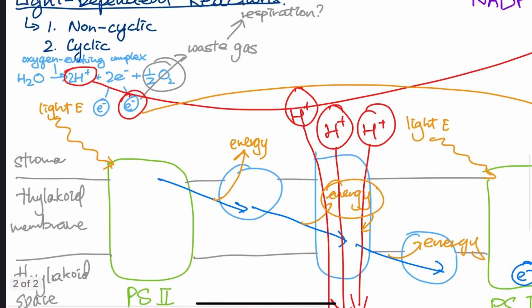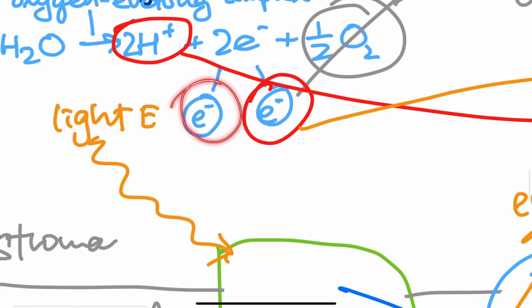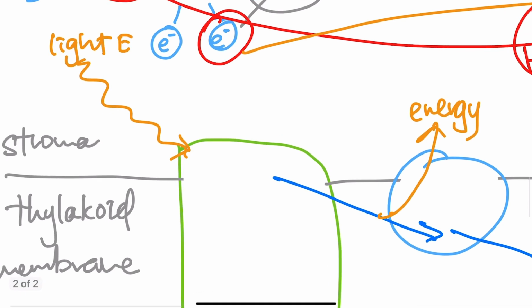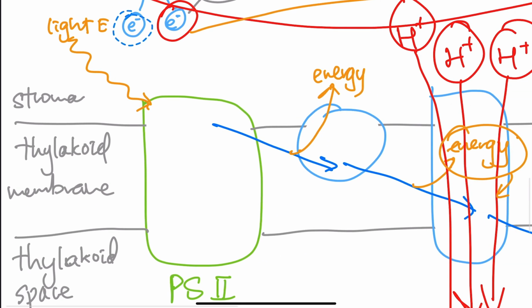I'm going to go back to this electron that we haven't talked about just now. Where does this electron go? So actually the second electron here is going to go to the reaction center of the photosystem 2 back again.